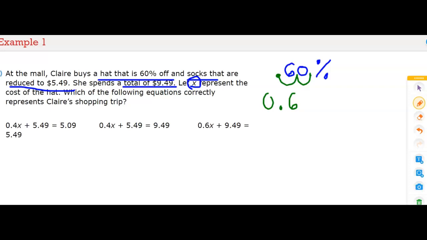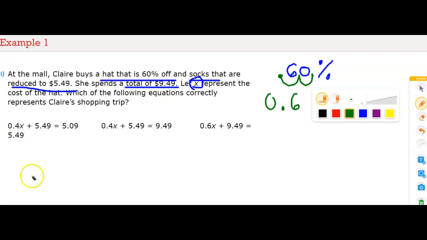So let's look at the first equation, they have 0.4 times X plus $5.49 is equal to $5.09. So let's talk about the 0.4. We have decided that our percentage for 60% off was 0.6. However, that means that you're not paying for 60% of the cost, but you're paying the remaining 40% of the cost.